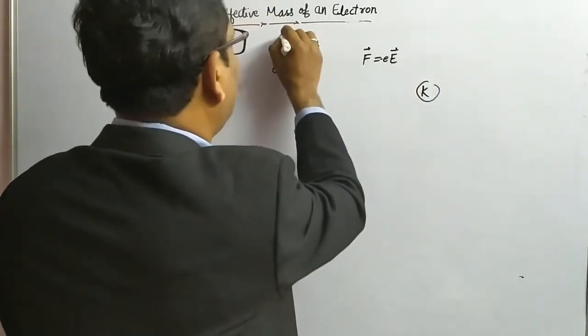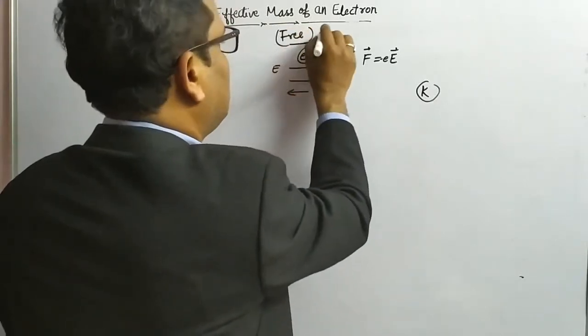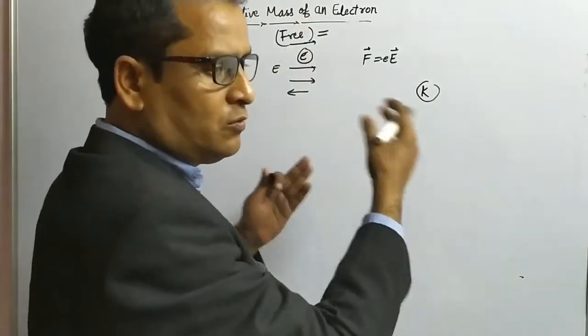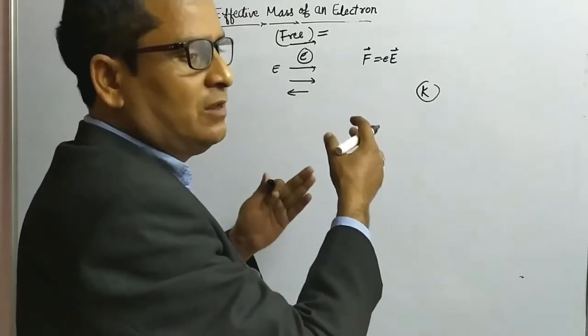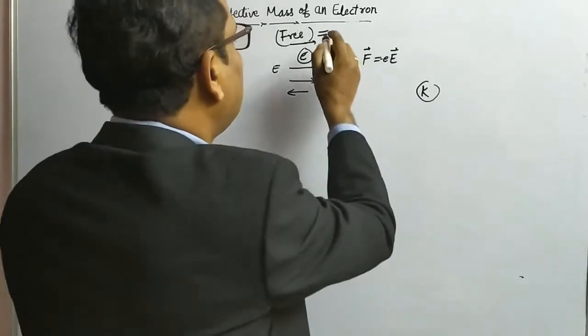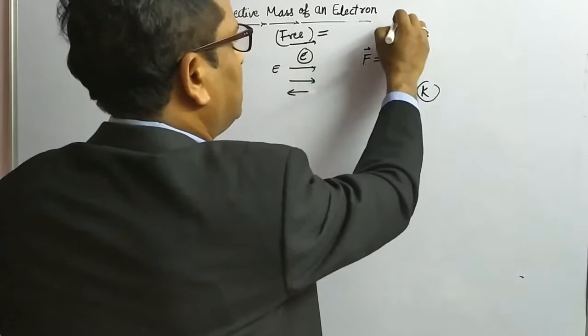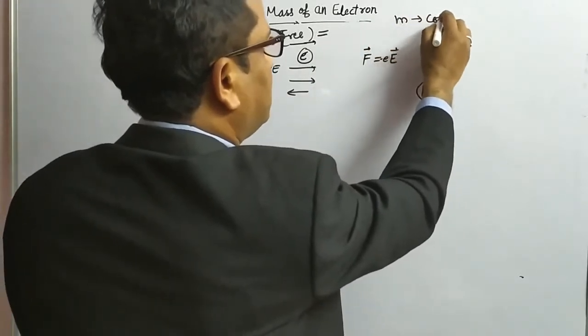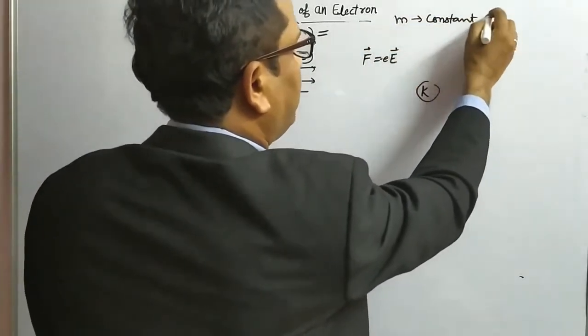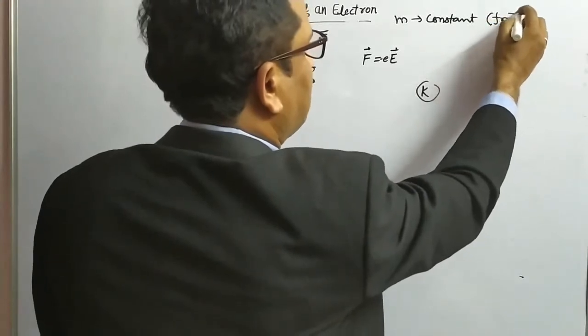When the electron was free, meaning when it is not placed under any external potential, then its mass is constant. I write it as constant. This is for a free electron.